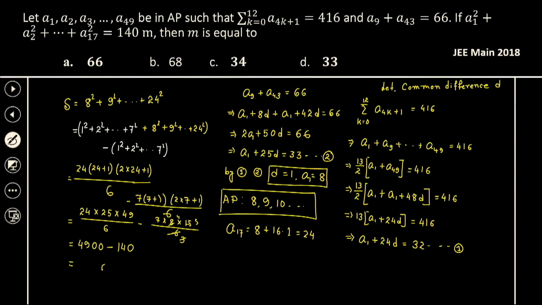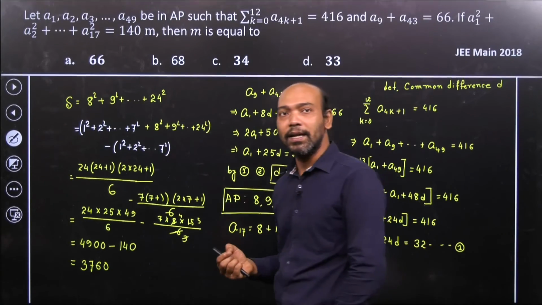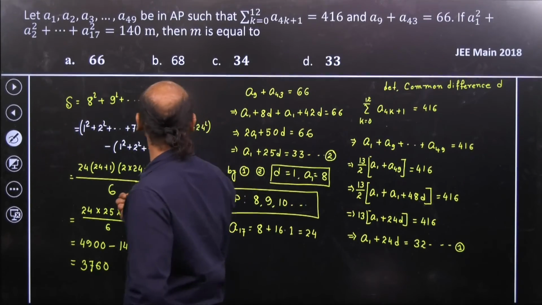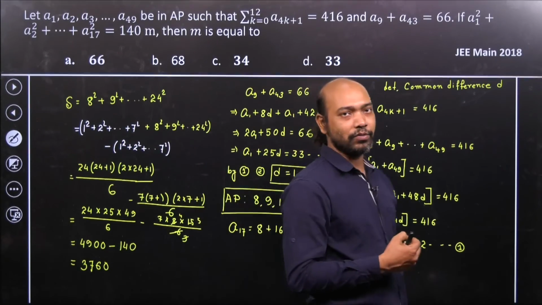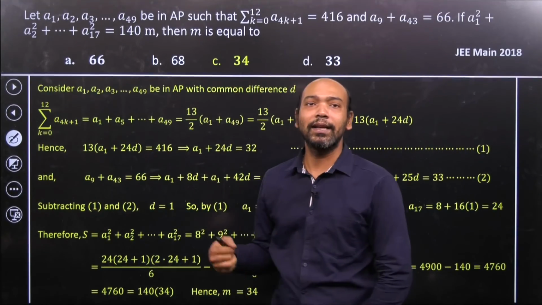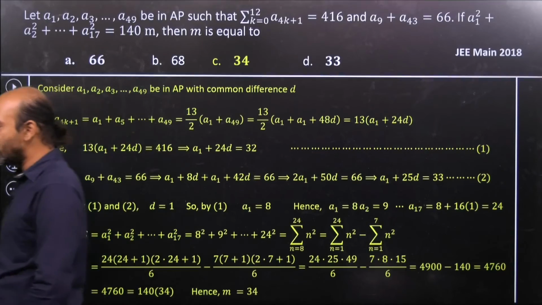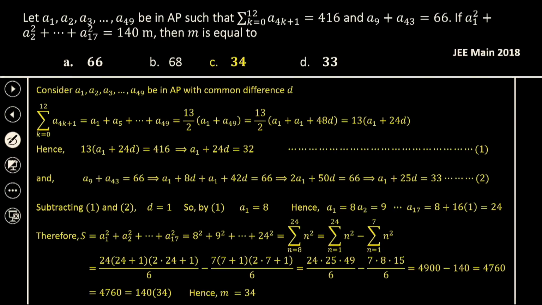If I subtract, we get 4760. Now it says 140 multiplied by m, so we can easily calculate the values. The final value can be calculated as 4760 equals 140 into 34, which definitely gives you that m is equal to 34.